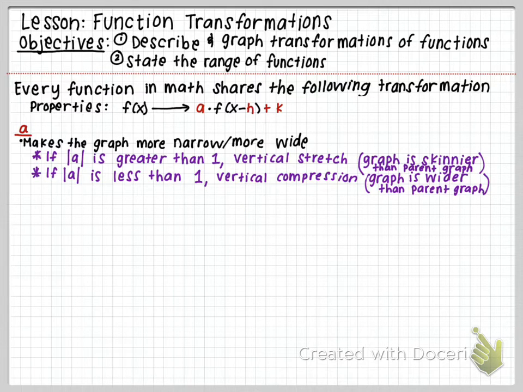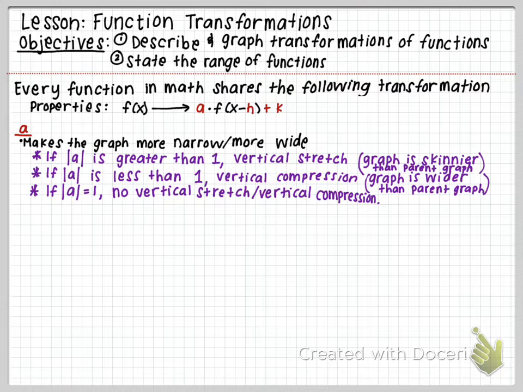All right, and if the absolute value of A equals 1, we have no vertical stretch or vertical compression. So the only thing we need to focus on is if A is anything different than 1. Because if it's less than or greater than 1, we're either going to stretch or compress our parent function graph. Remember, a parent function is the simplest type of function we can have.